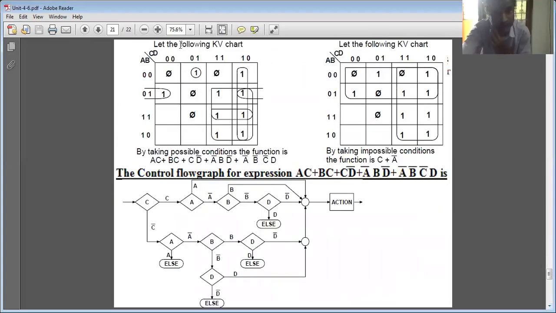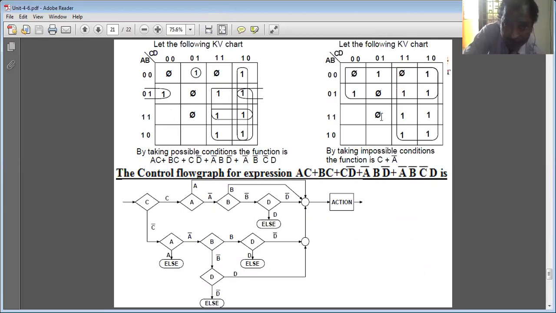Now here, let us take the following KV chart. By taking possible conditions, what is the function here? For these 4, what is the value? C d bar here. For these two cases, one is C common, one is B common, CB, BC. Like that you write for this.